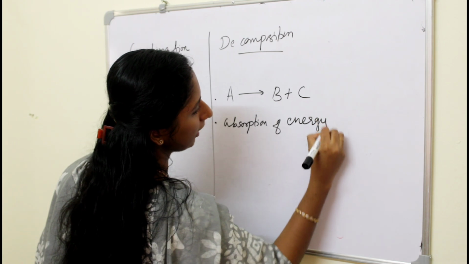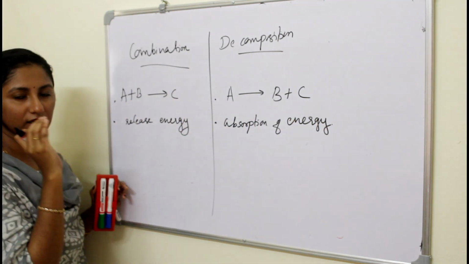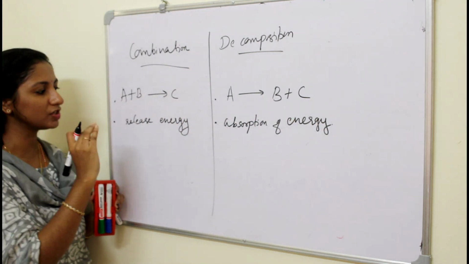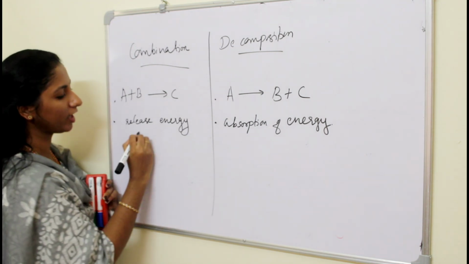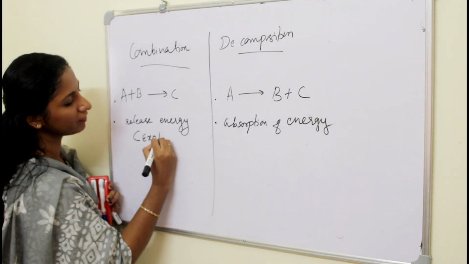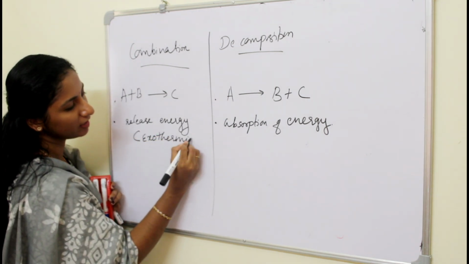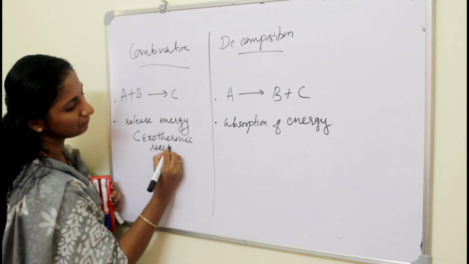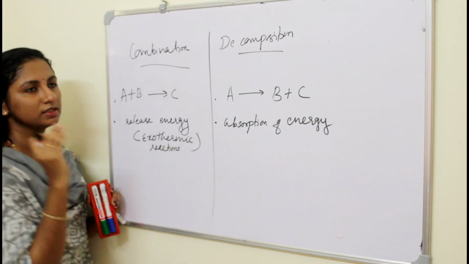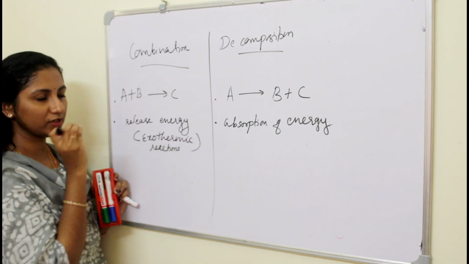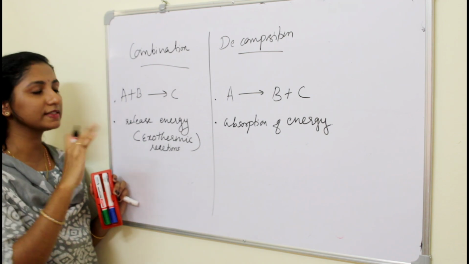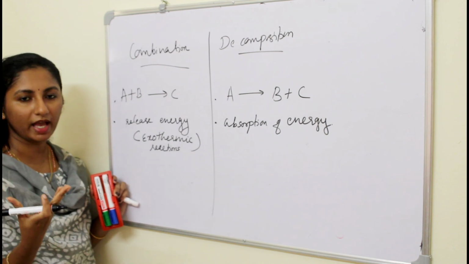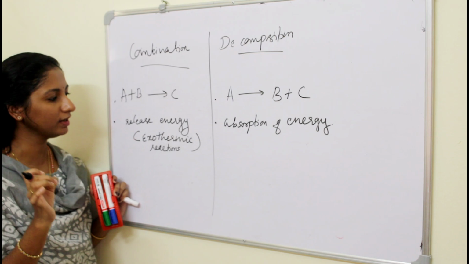is done. Okay. So during a chemical reaction, if energy is released, such type of reaction we can call it as exothermic reaction. Exothermic reactions. Okay. Within a chemical reaction, if energy is released during a chemical reaction, such type of reaction we can call it as what?